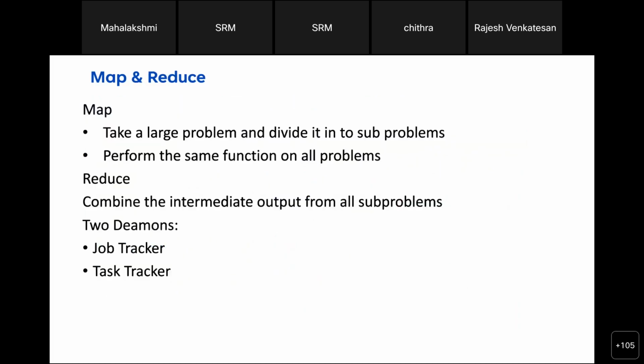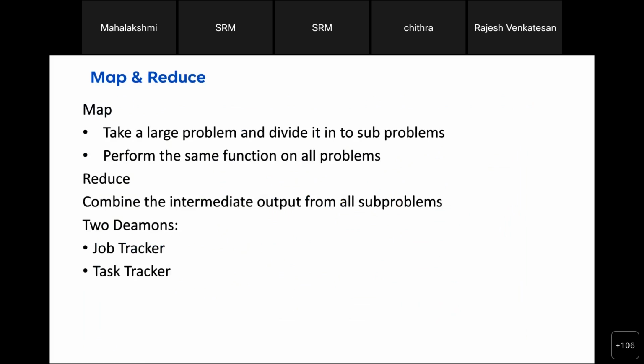So, what does MapReduce mean? First, MapReduce divides the large problem into subproblems and performs the same function on all of them, and finally combines the intermediate output of all the subproblems.